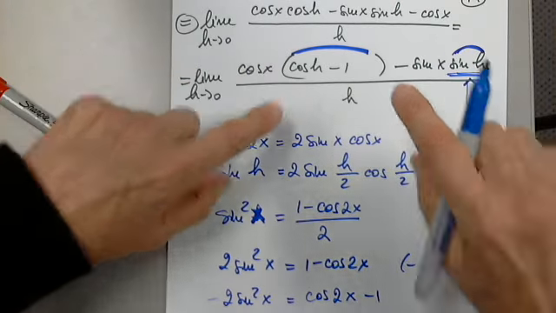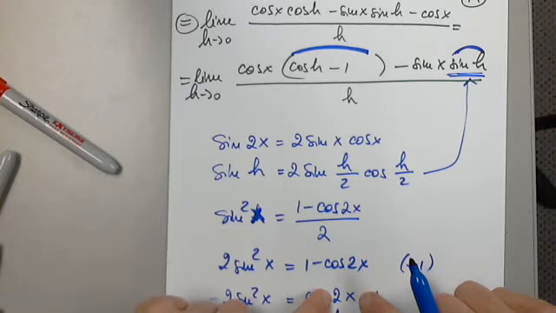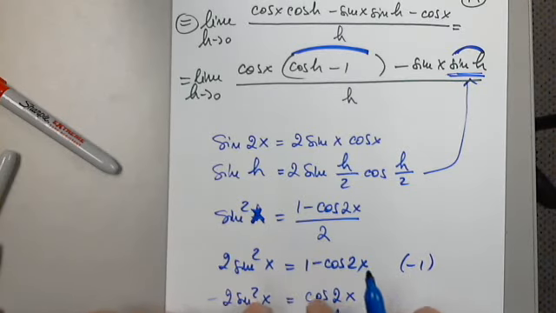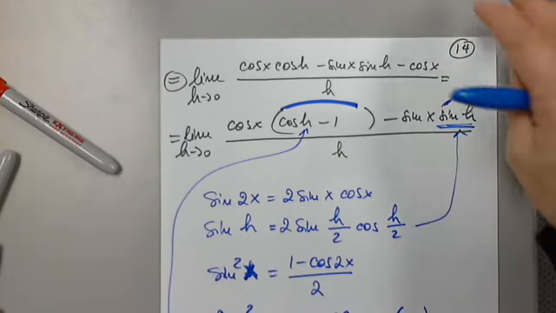But what I want is cosine h minus 1. What do you think I have to write on the other side? So if this was the double angle, this is the half angle. So it's half of that. If this is h, what do I have to write as sine squared of? h over 2. Very good. Perfect. So now I have this piece. This will replace that. And we are close. Okay?